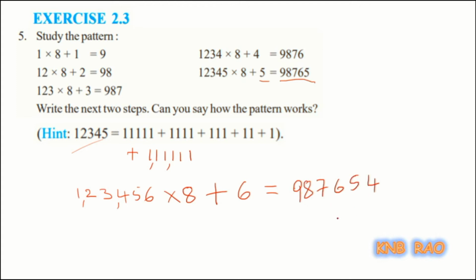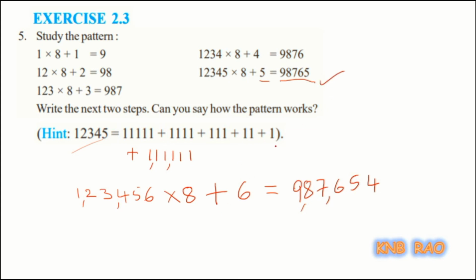So, 4 digits have come from 9 onwards. So, you can read this as 9,87,654. You can cross check whether this is right or wrong. So, this is the next step of this pattern.